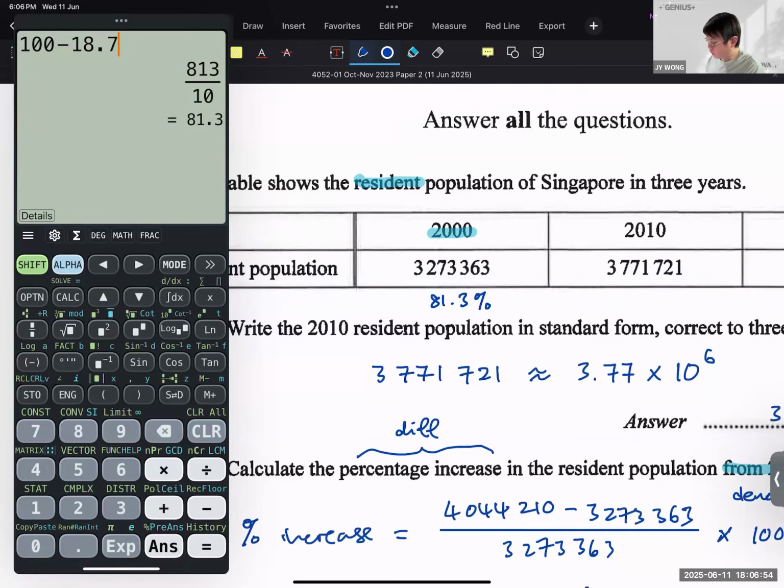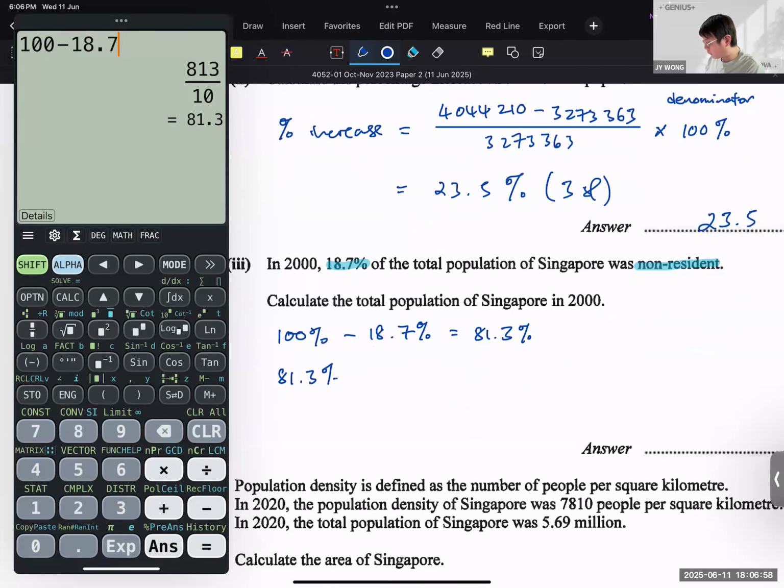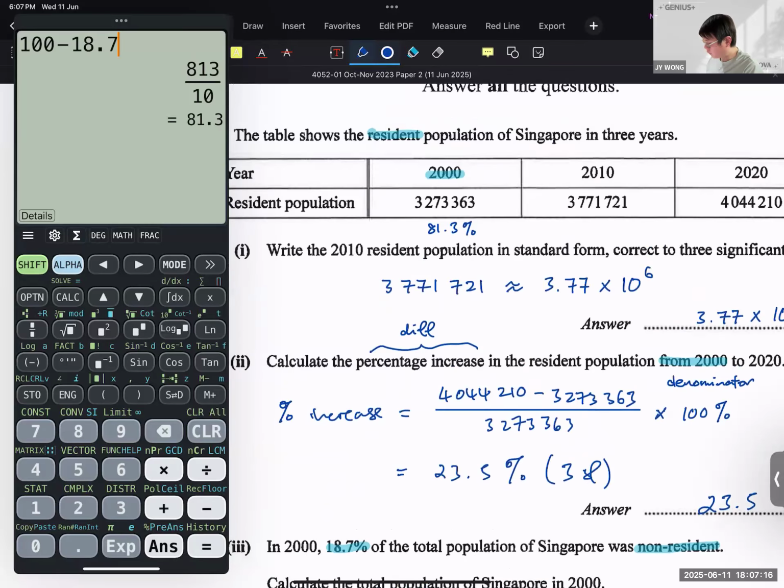Right? You are not in primary school, so I don't want to see this, which sometimes I still see in some of your work. The moment we see this, it's a minus presentation mark. Okay, in secondary school, if you want to write, you have to write 81.3% of population in 2020 equals to 327,3363.